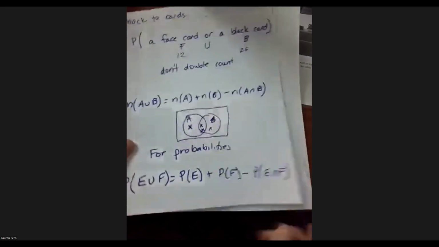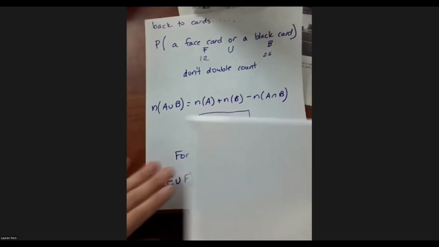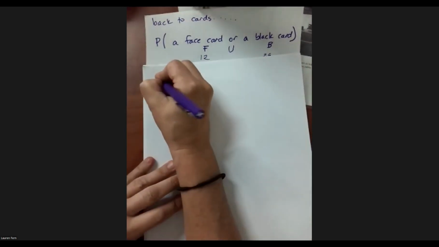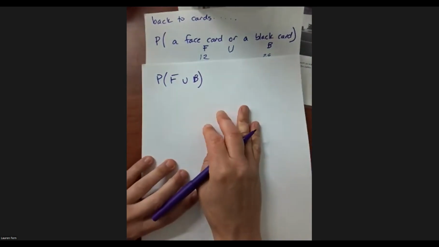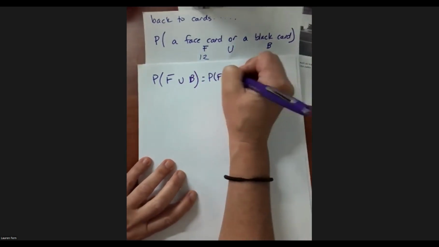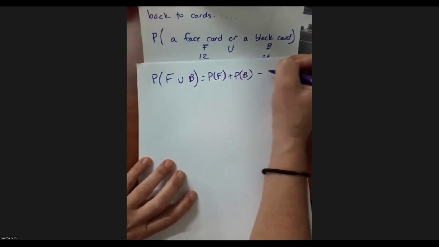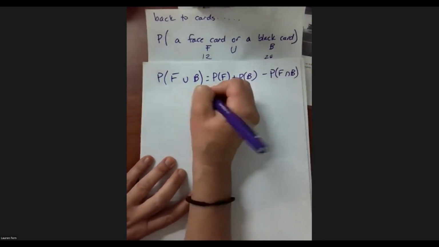So going back to this example, we want to find the probability of F union B. Using this formula, it's the probability of the first plus the probability of the second minus the probability of the intersection.